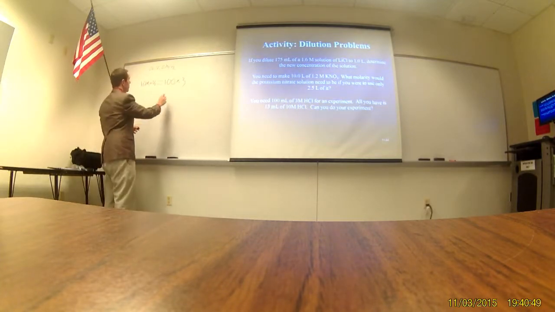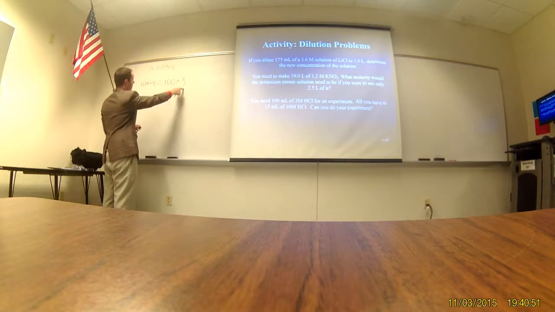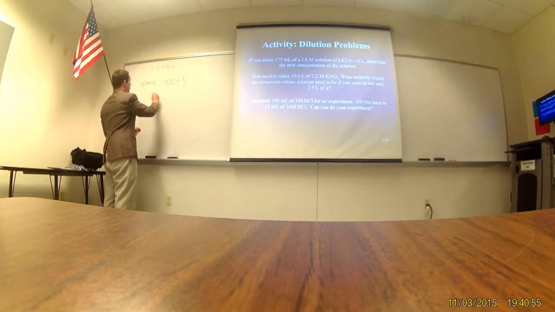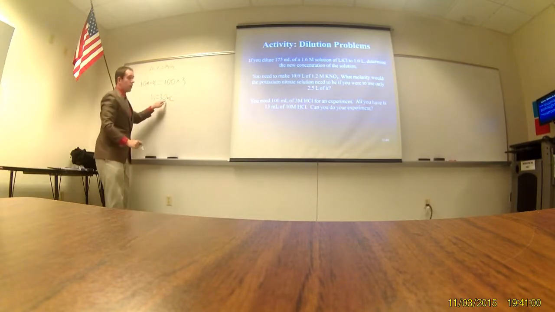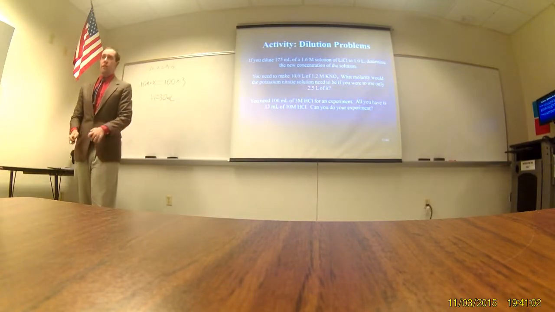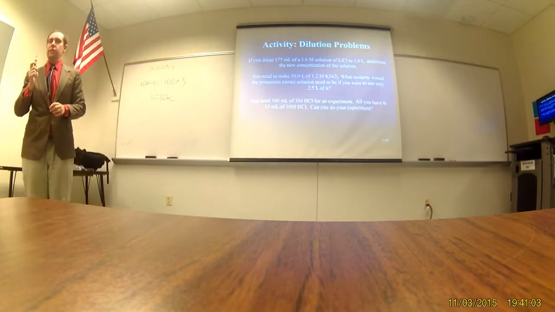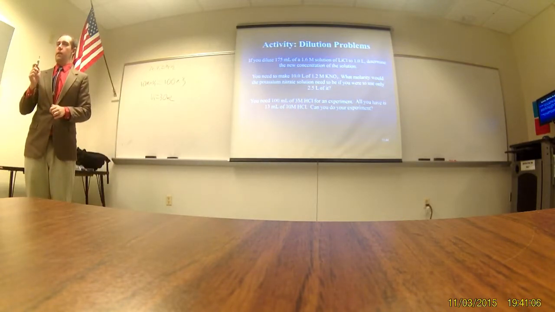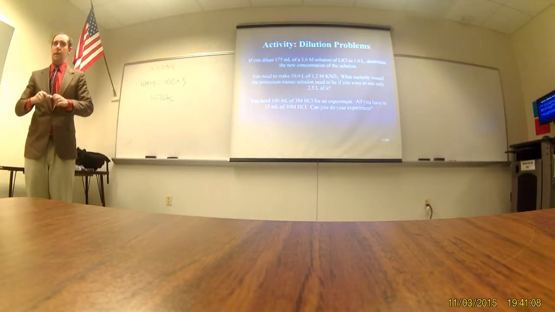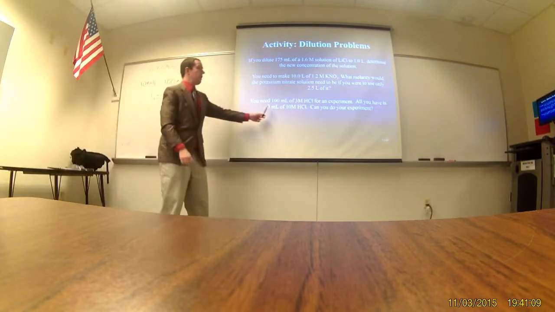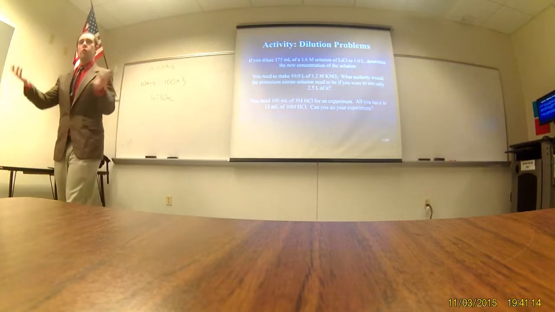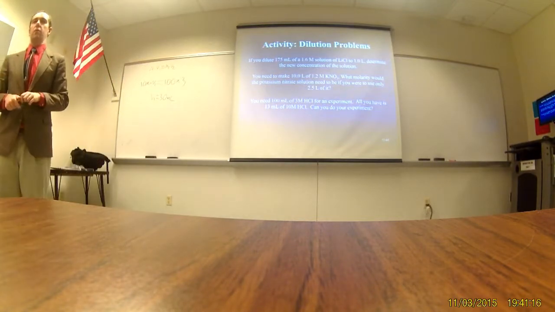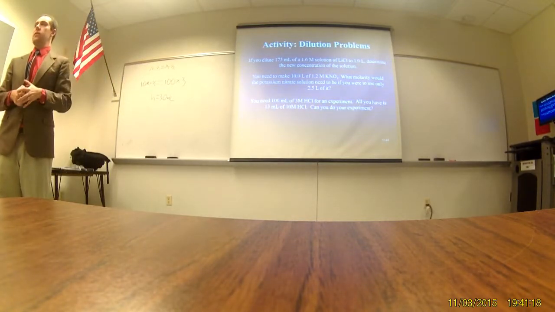So 100 times 3 is 300, divided by 10 is 30, V1 equals 30 milliliters. So this is saying you would have to have 30 milliliters of that starting solution in order to do your experiment. But you don't. You have 13. So there's two different ways of looking at this problem. You get to the same result in the end.